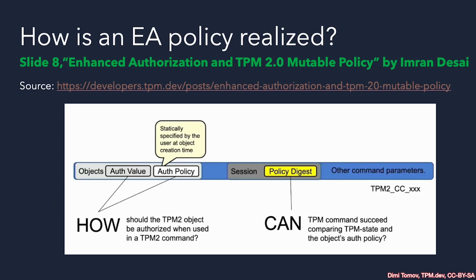Let's take a closer look at how EA policy work by using a diagram from the very informative presentation by Imran Desai during the TPM Dev 2022 conference. Imran talked about mutable policy and addressed the different misunderstandings about extended authorization.